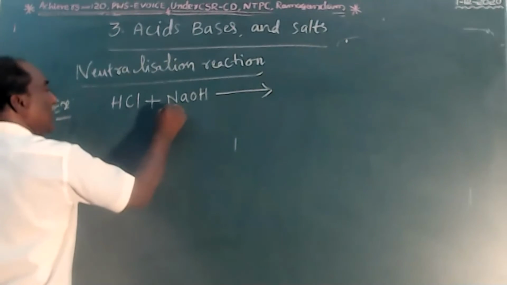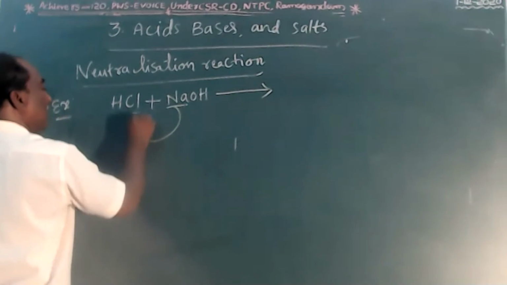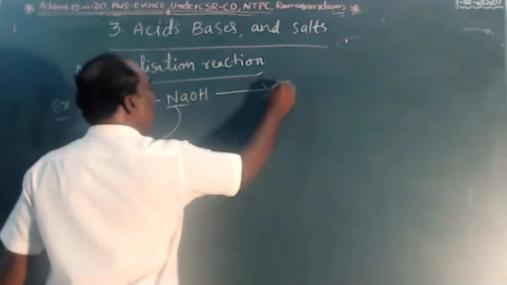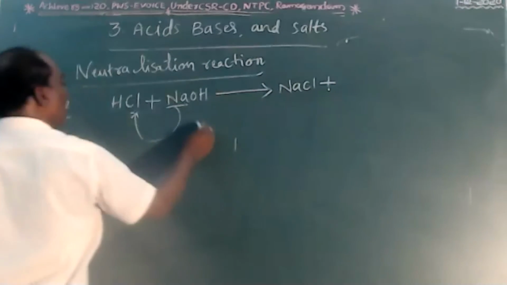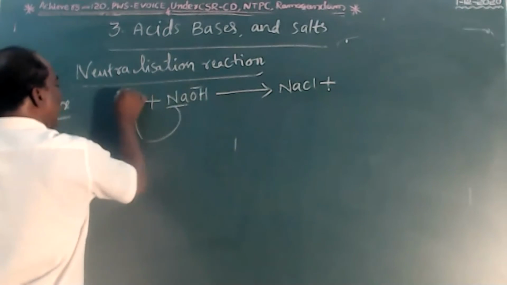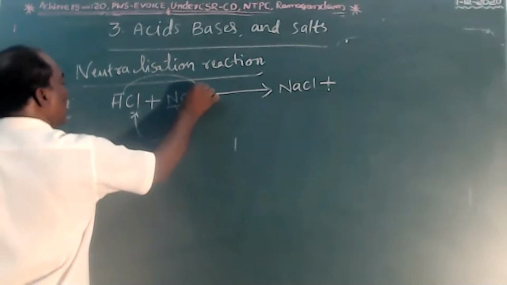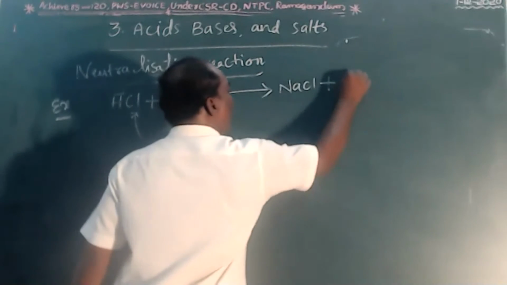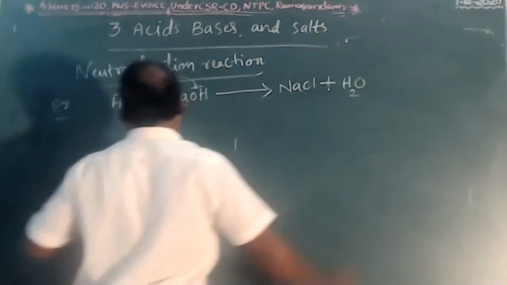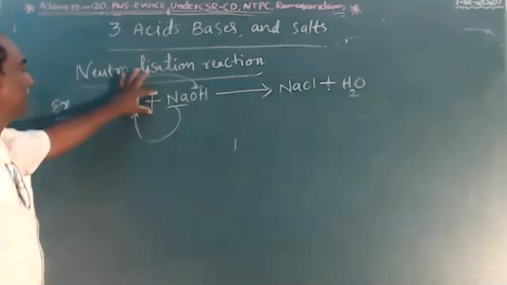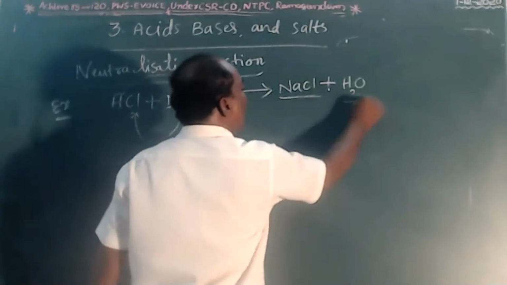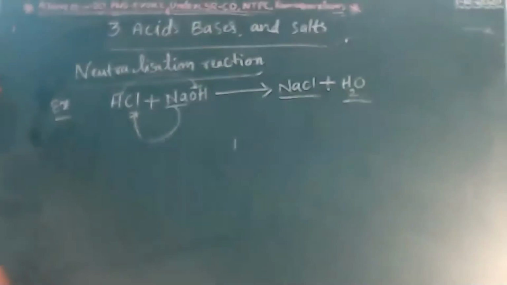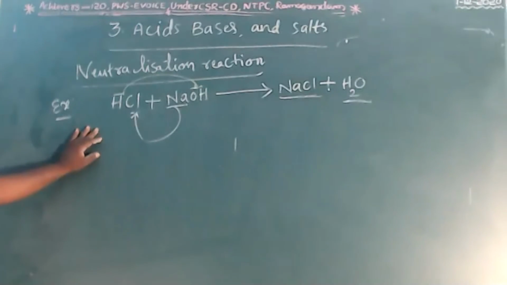So see, children, Na plus Cl forms NaCl, plus here OH and H combine to form water. So acid reacts with the base to form salt, sodium chloride, and water. This type of reaction is called a neutralization reaction.